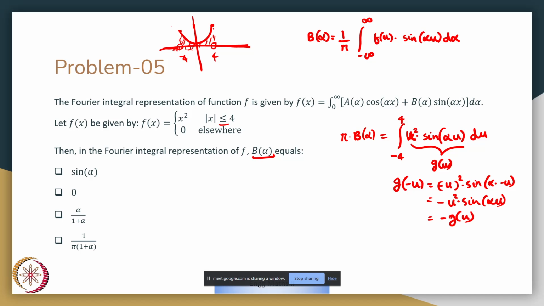This tells us that the integrand g of u is an odd function, meaning that when the integration is symmetric about 0, the integration of the odd function should vanish, which for our case means that pi times b of alpha equals 0, or b of alpha equals 0.